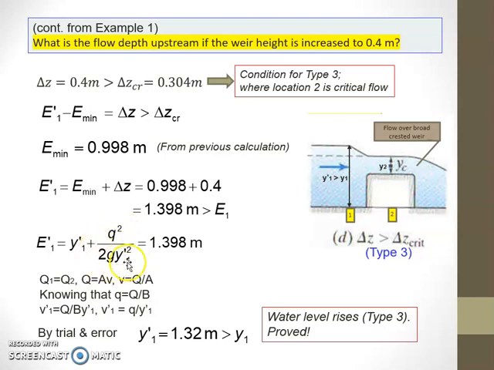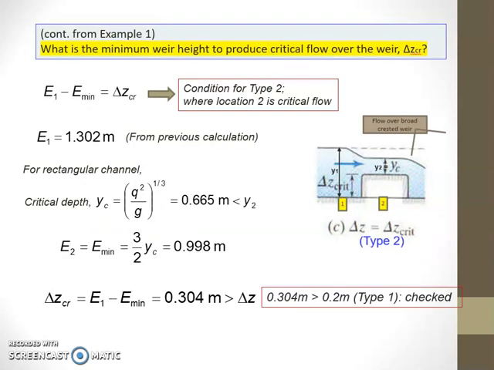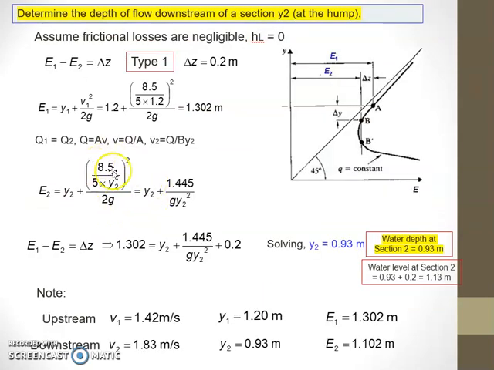Okay, so how do you get this equation? This is actually the same with the concept of V equal to Q over A. Okay, you can simplify the equation in terms of flow rate per unit width, or you may simplify the equation in terms of V equal to Q over B y.